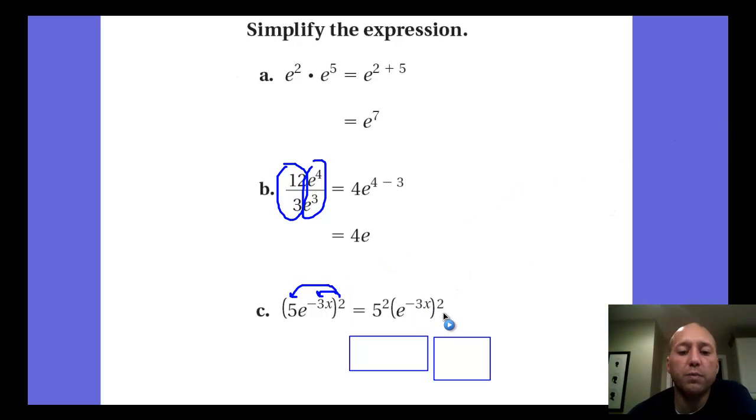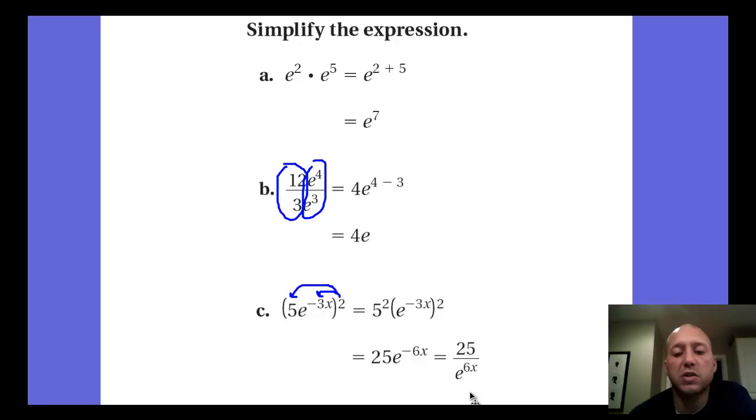So we can just distribute it through. Then 5 squared is 25, and then we can multiply again. But we have a negative exponent. I don't want to deal with negative exponents, we want to change it to positive, so we make it a fraction. Using your exponent rules, they still apply to e. Just treat e as a variable.